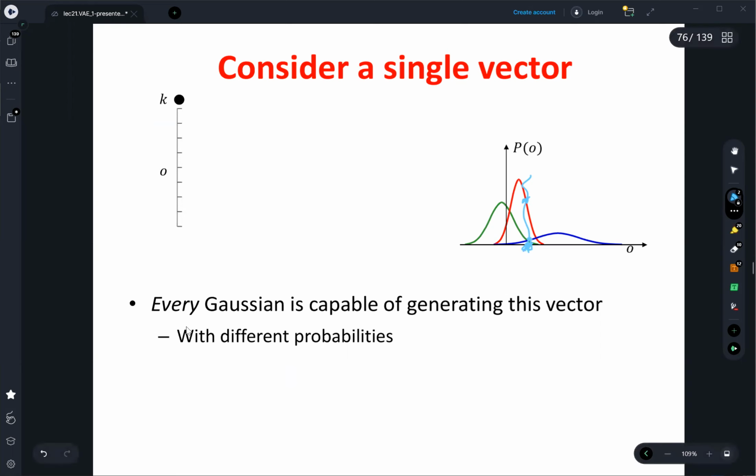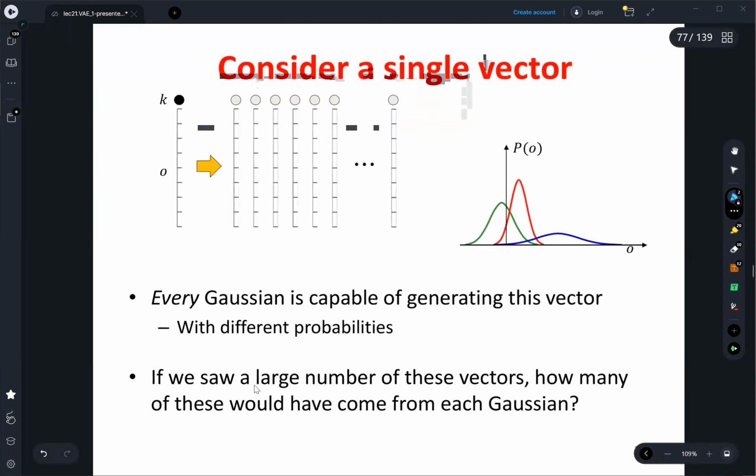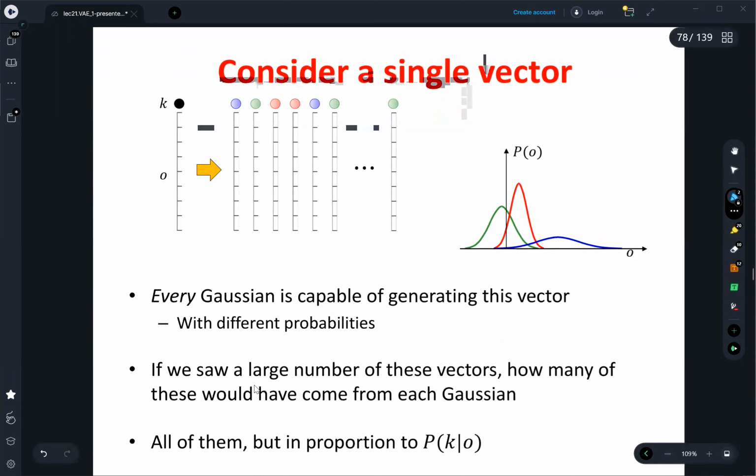So what will I do? I'm going to ask myself, if I saw a very large number of these vectors, how many of these would have come from each Gaussian? And then I'm going to fill in the Gaussian index for all of these copies, but they're going to occur in proportion to the posterior probability of the Gaussian.